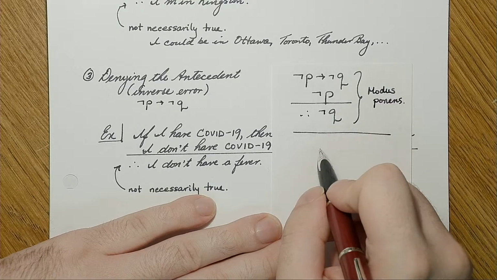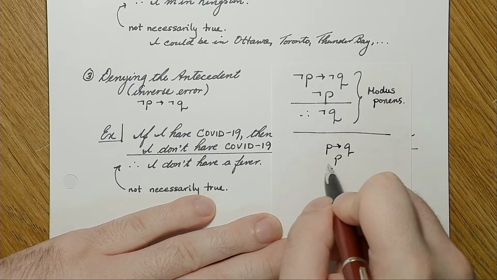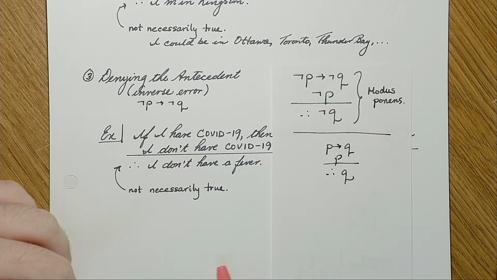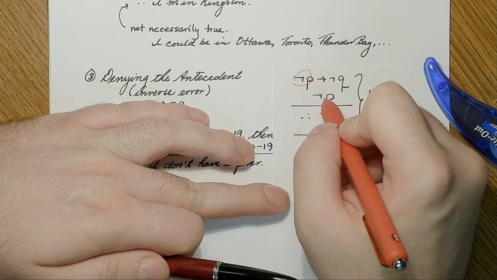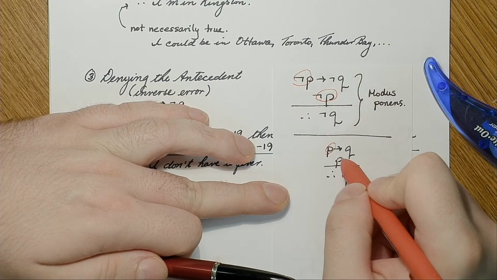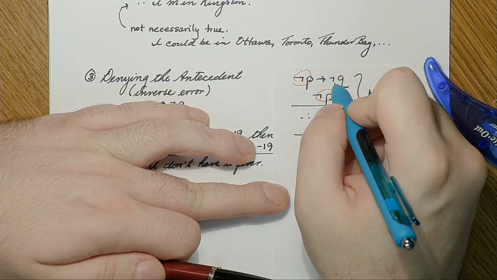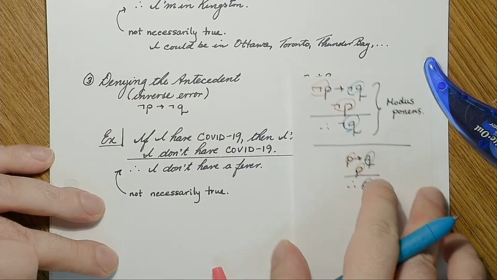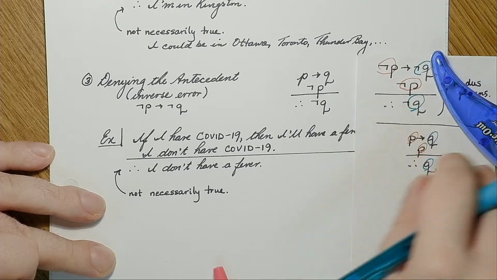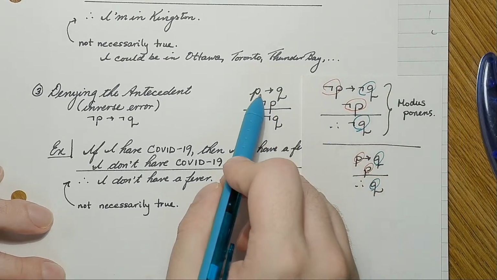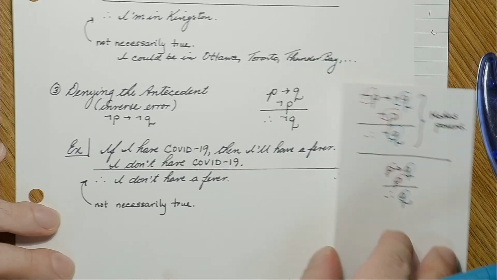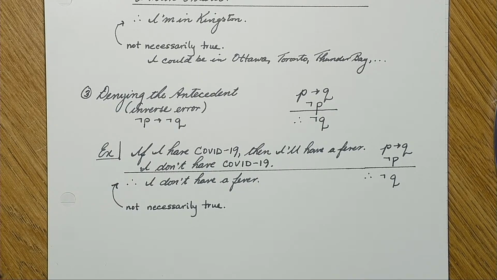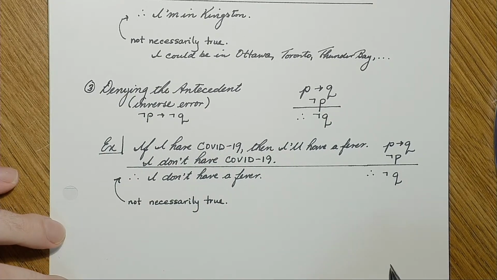It might have been written a different way than what we're used to seeing, but still, you have the antecedent being affirmed and the consequent is your conclusion. But that's not the case that they have right there, because again, the order does matter. P implies Q. So that's a fallacy.